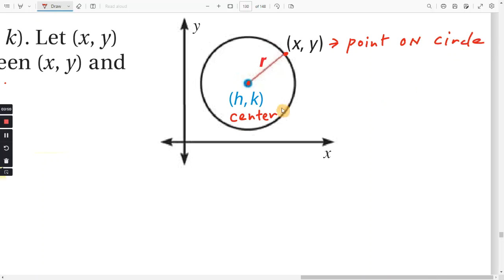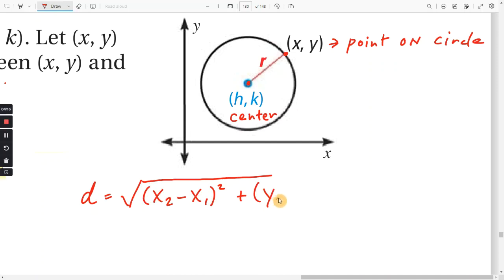All right. Now, what they explain in this section is that you can get the circle equation from the distance formula. So if you recall the distance formula, it's going to be the square root of the change in x, so x2 minus x1, quantity squared, plus the change in y, y2 minus y1, quantity squared. And then you take the square root of that to get the distance.